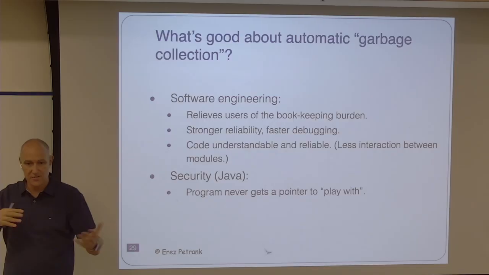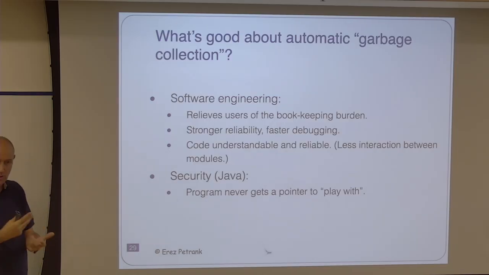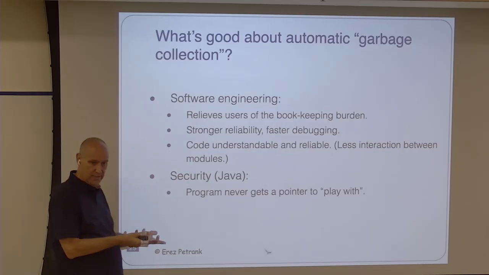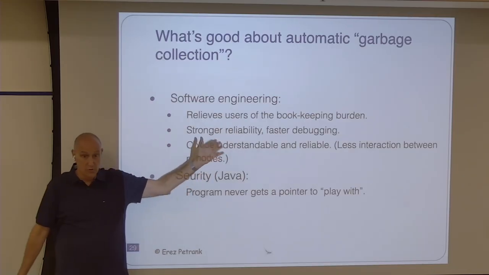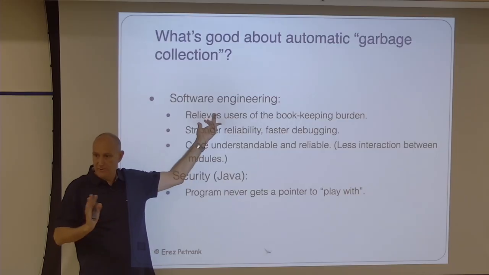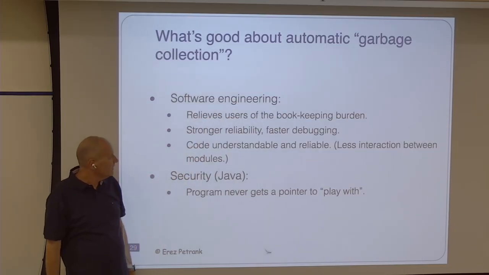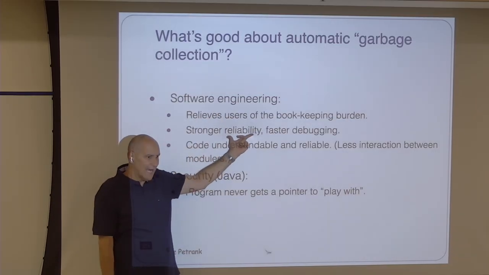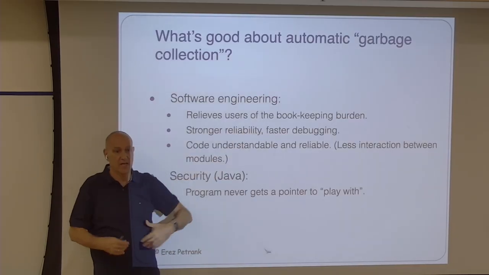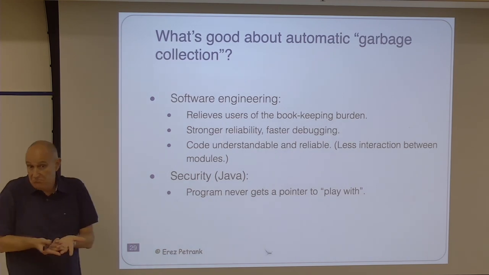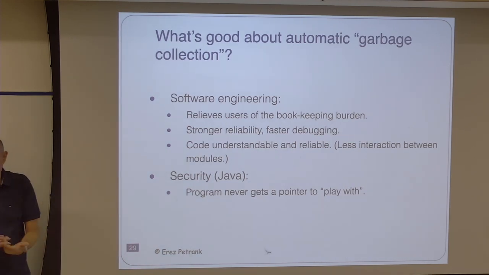But these messages and this accounting are really hard to work with. With automatic memory management, you don't need this bookkeeping, and it's a lot better for software engineering. It's more reliable because if you don't have to decide when to free an object, you don't make mistakes about it.